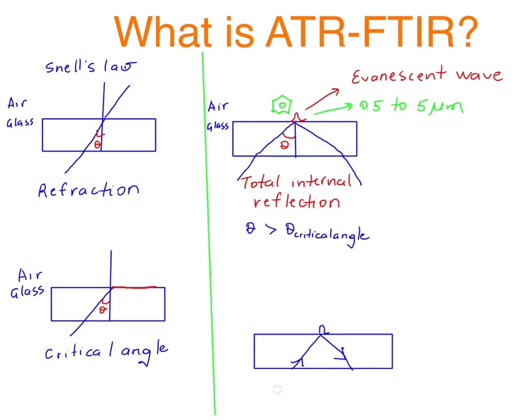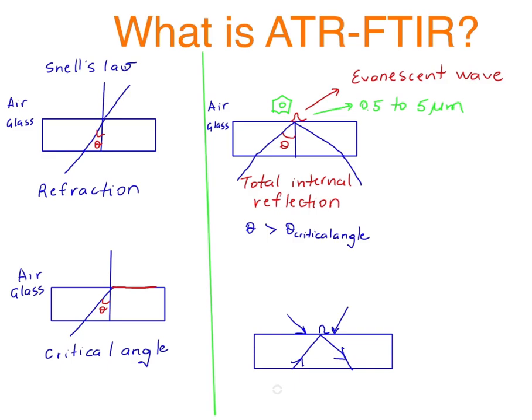Even though the evanescent wave does not travel through the sample, it still has an oscillating electric field. Molecules located within that penetration depth can interact with that field. So the molecule should be located somewhere here to absorb that light. Good contact between the sample and the ATR crystal is very critical, because poor contact means fewer molecules interact with the evanescent field, leading to weak or distorted spectra.